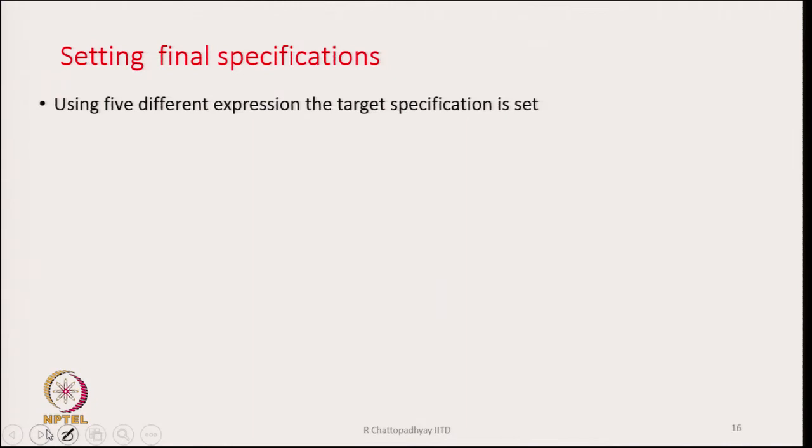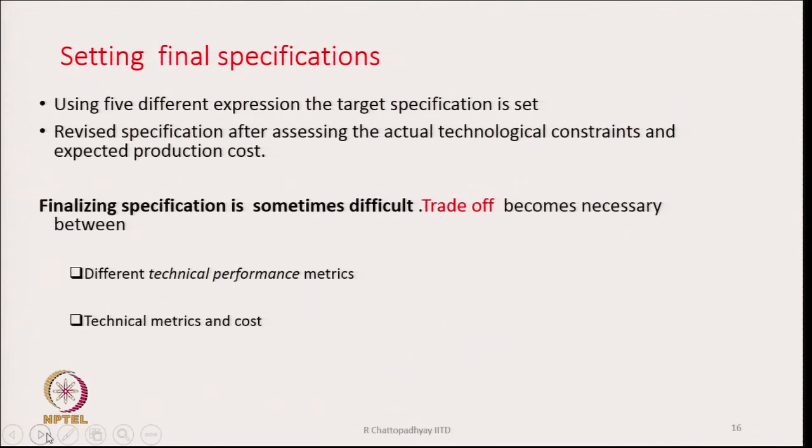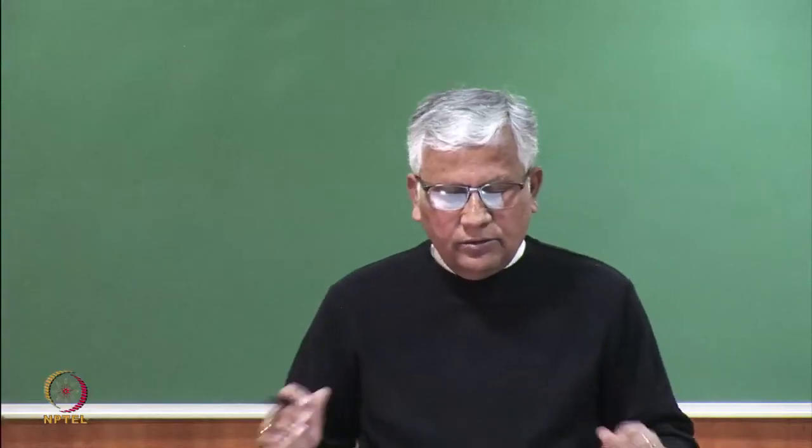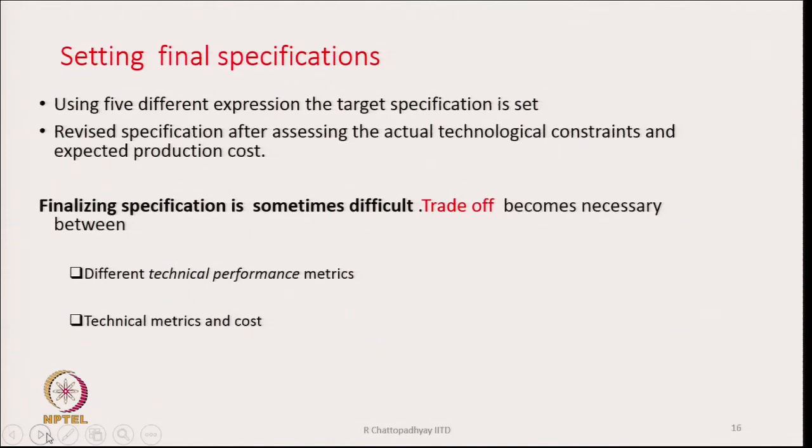So, setting of final specification using 5 different expressions, the target specifications is set. It is greater than x, less than x, in between x and y. And the final specifications are set after assessing the actual technological constraints and expected production cost. Once we have specifications, you also keep in mind what the production cost is going to be and what the technological constraints are in achieving those specifications.